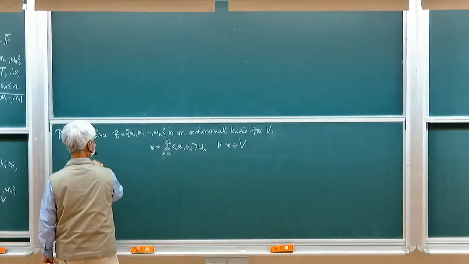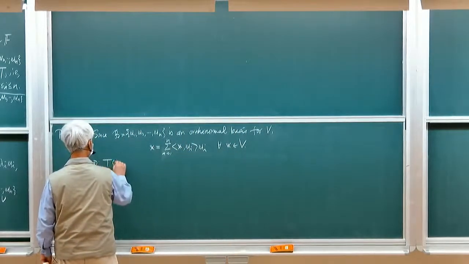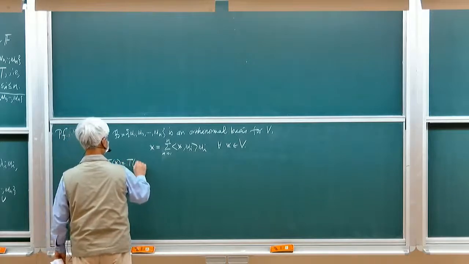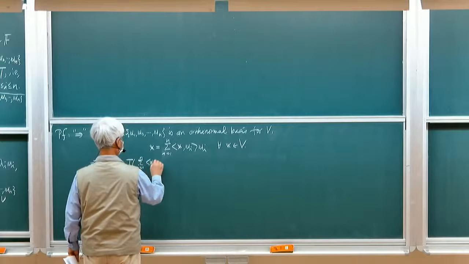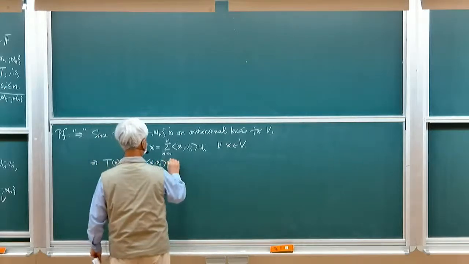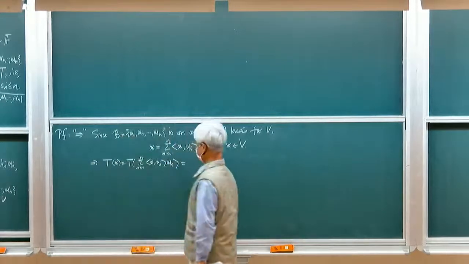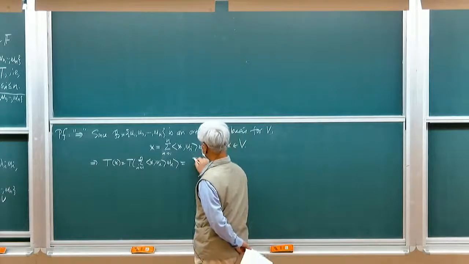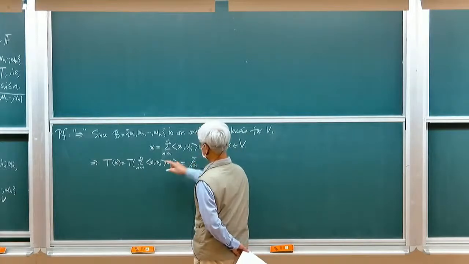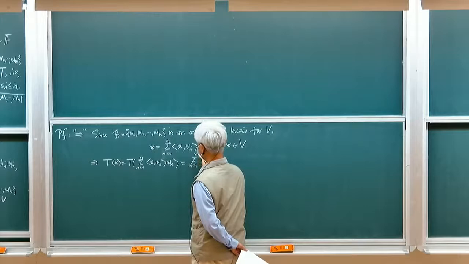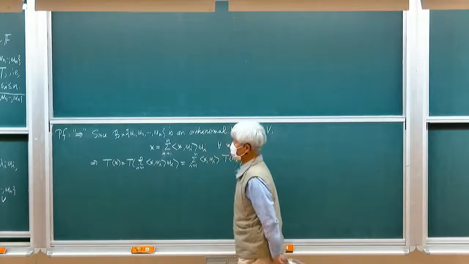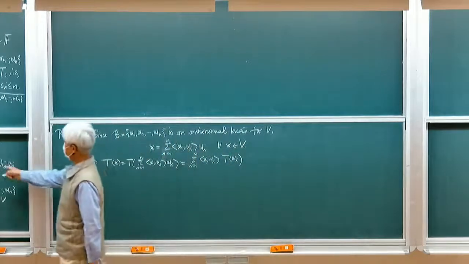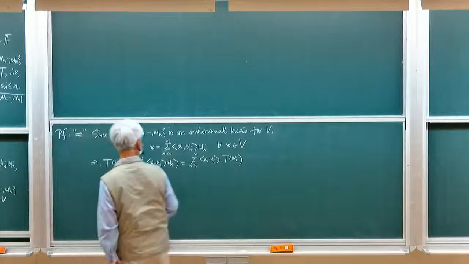All right, and this implies that Tx, by the linearity of the linear operator, is the sum of the coefficients times T ui, and T ui has the eigenequation here.